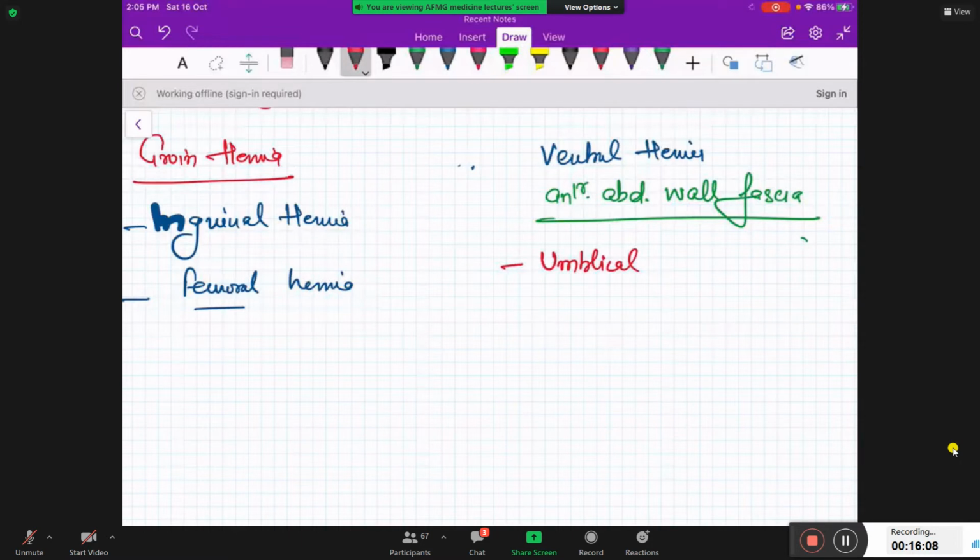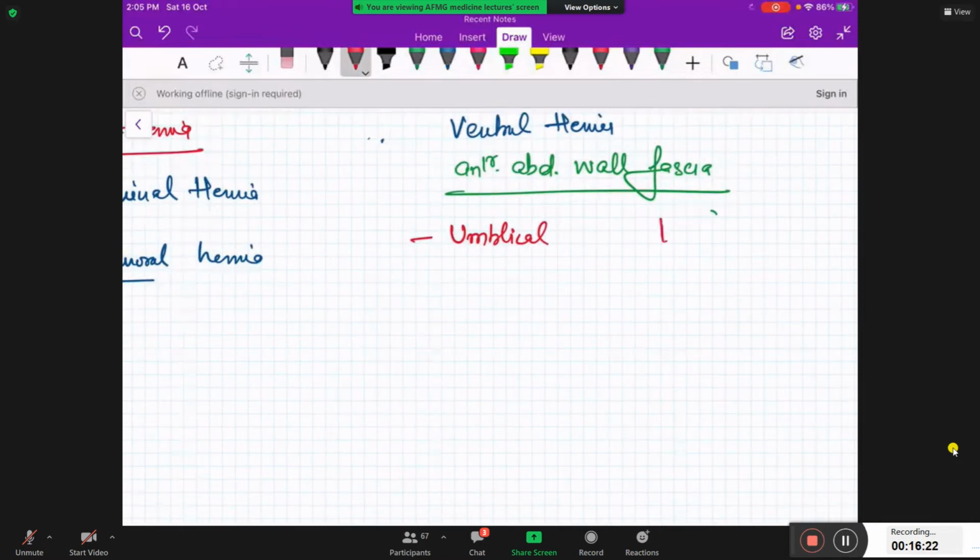Navel? Any hernia? What is that called? There is a name to that. It is called incisional hernia. So it is incisional hernia.